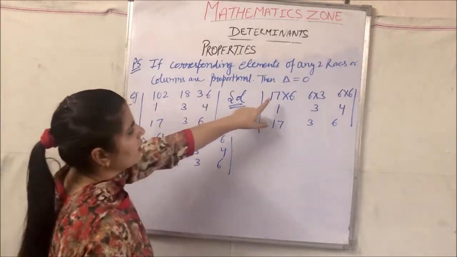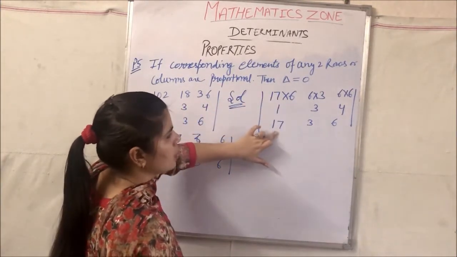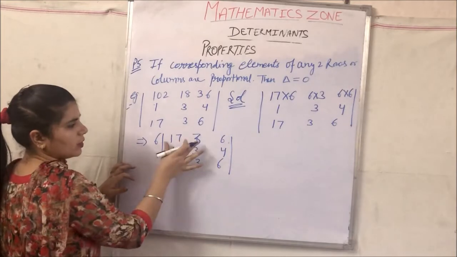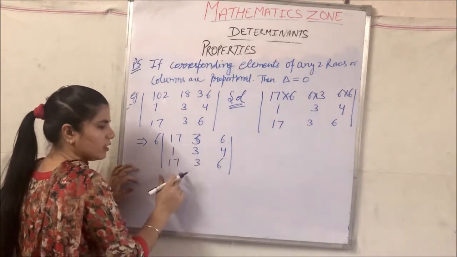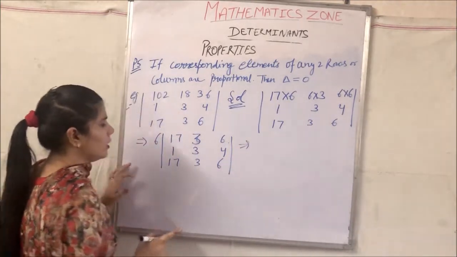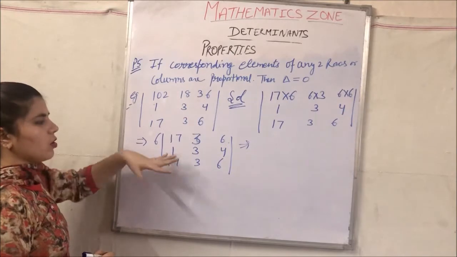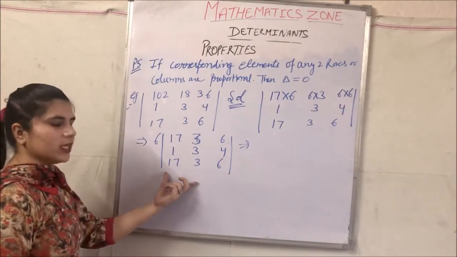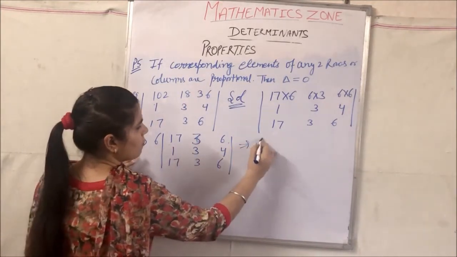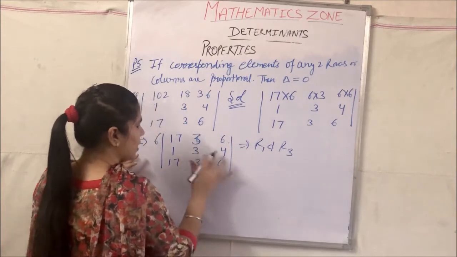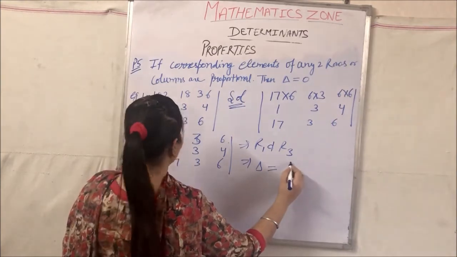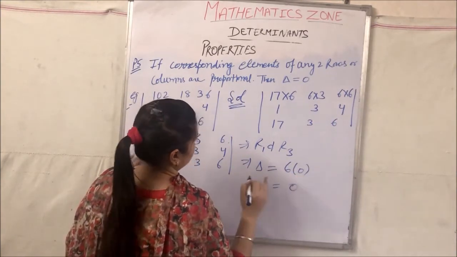That is, one common factor is among the two rows. Now the common factor was 6. So when we took this number 6 out of row 1, we get that the elements of these two rows are same. We earlier proved that when any two rows or columns of the determinant are same, then the determinant will be 0. As we observe that row 1 and row 3 have same elements, the determinant of this will also be 0. So 6 into 0 is 0.